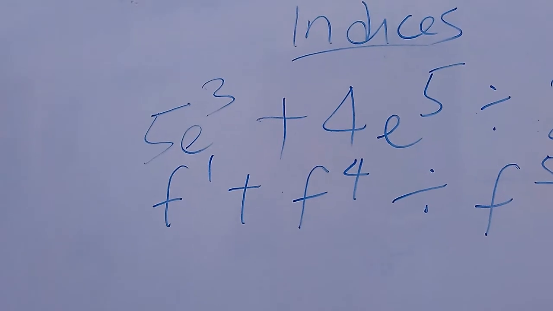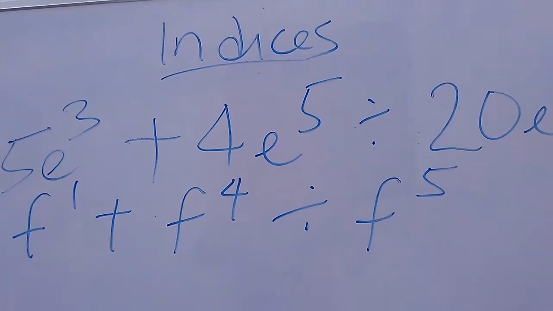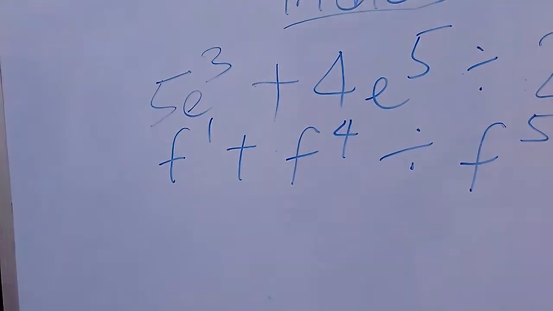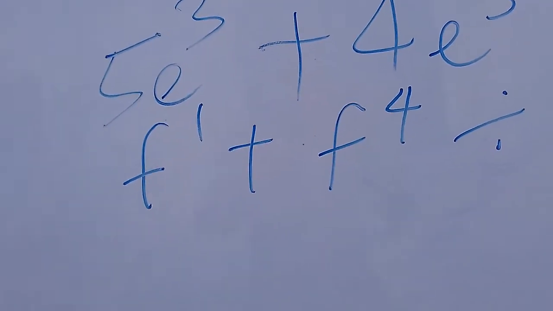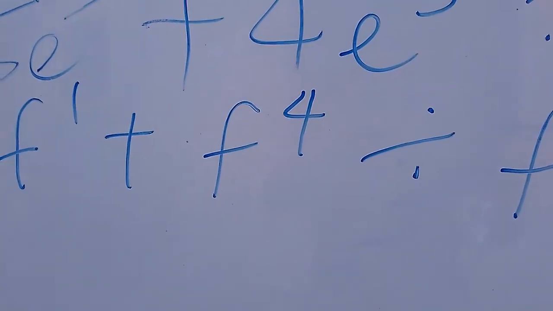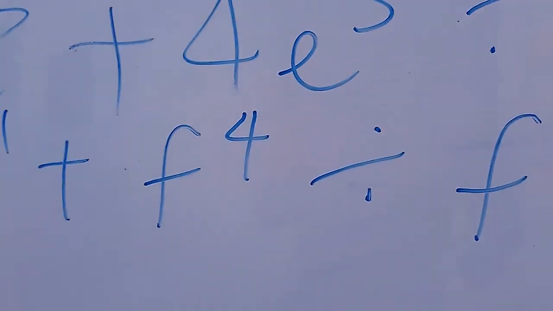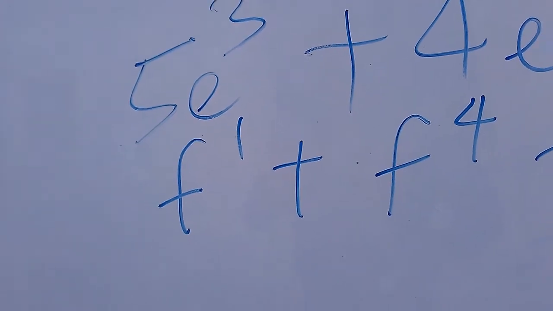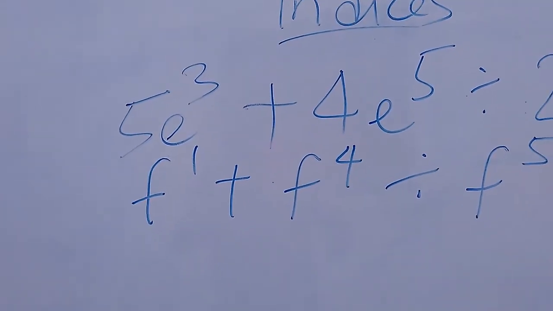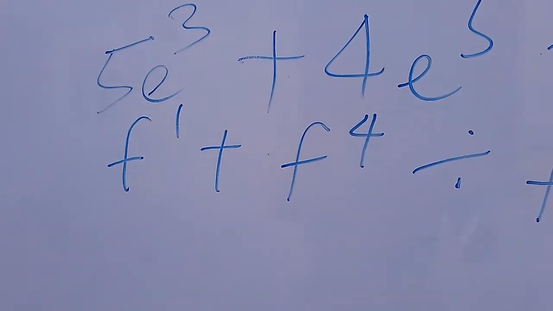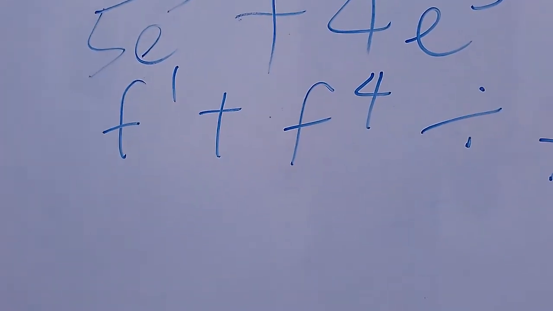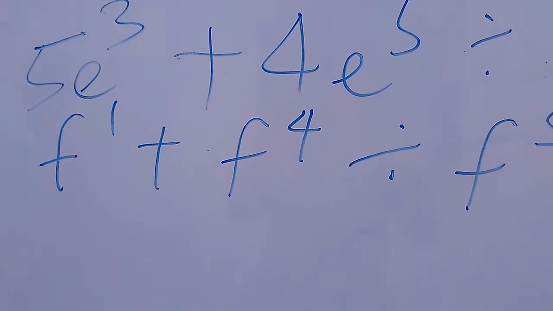we have 5e raised to the power 3 plus 4e raised to the power 5 divided by 20e raised to the power 8, f raised to the power 1 plus f raised to the power 4 divided by f raised to the power 5. So like I said earlier, we are arranging it, collecting the like terms, so that we'll be able to apply the first law and the second law of indices directly.